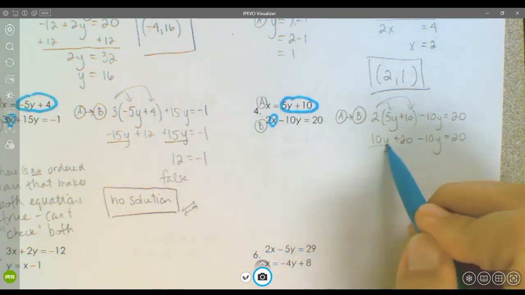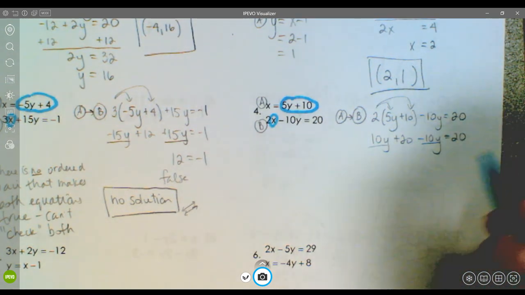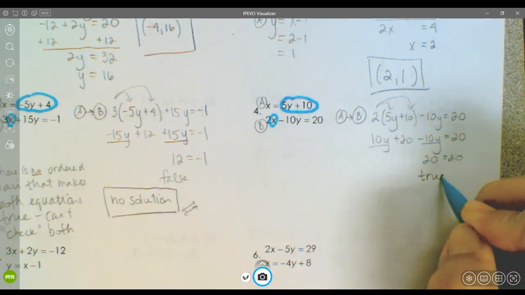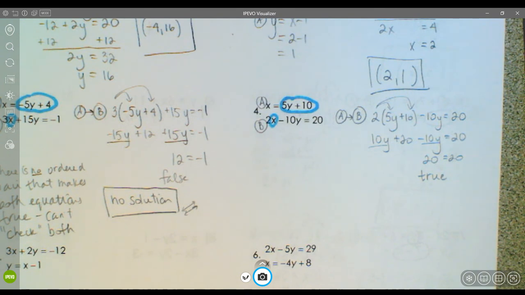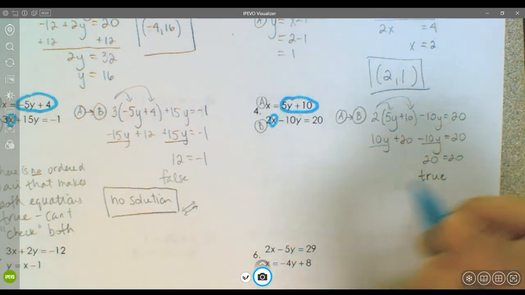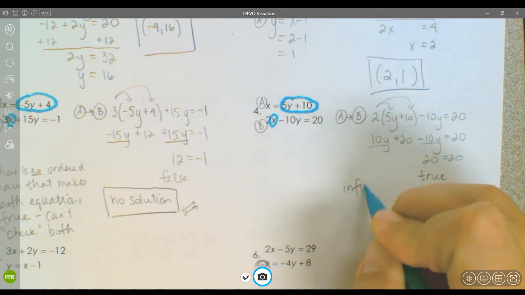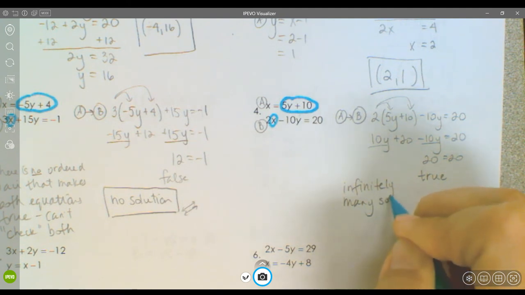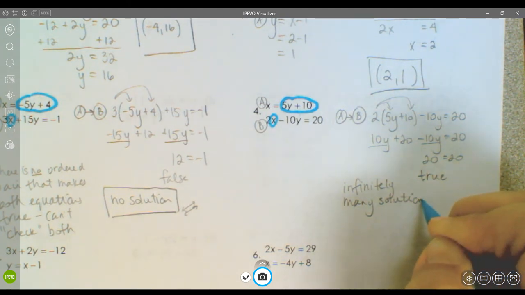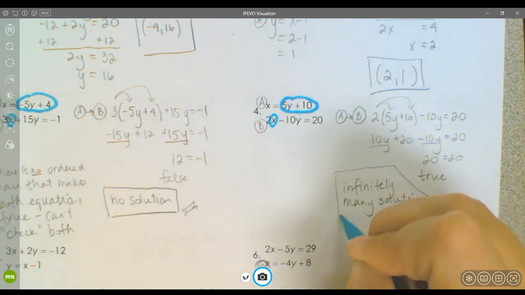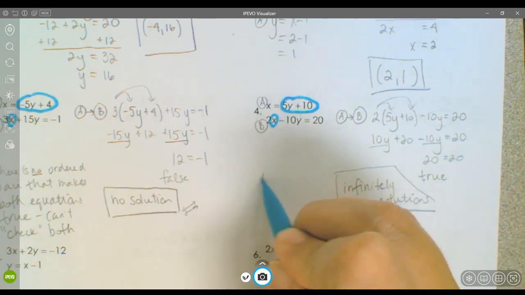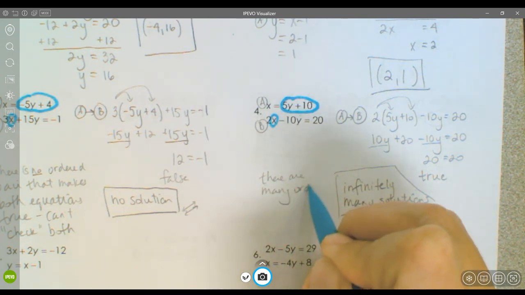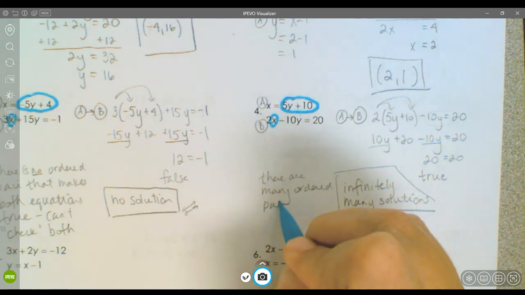Okay, I have my like terms. They're going to zero out. I'm left with 20 equals 20, and guess what? That is a true statement. Because that's a true statement, I say that this system has infinitely many solutions. What that means is there are many ordered pairs that check both.